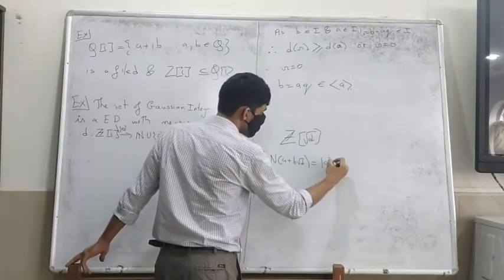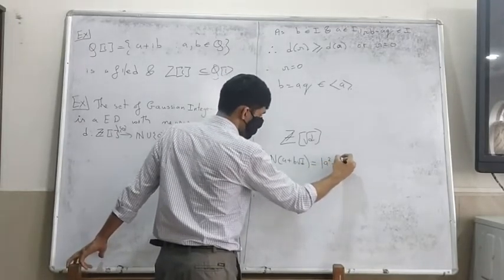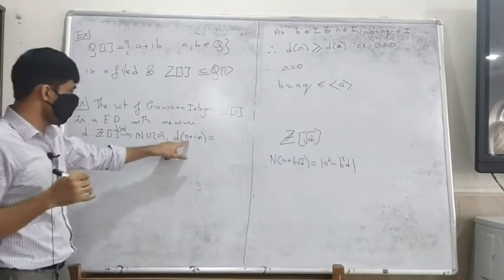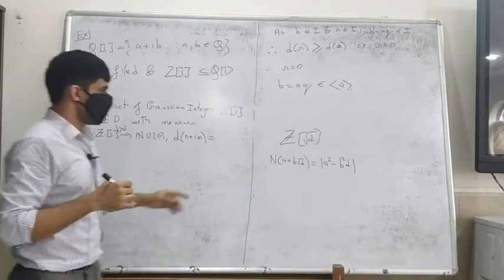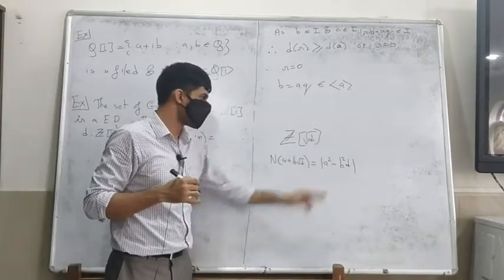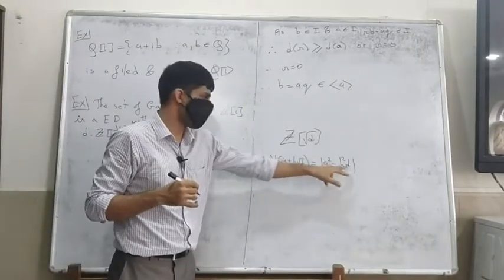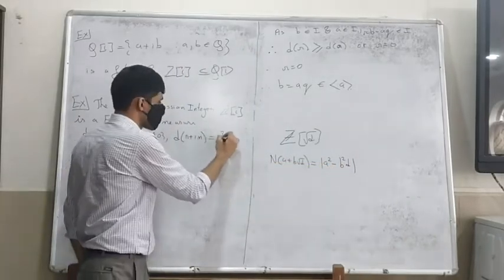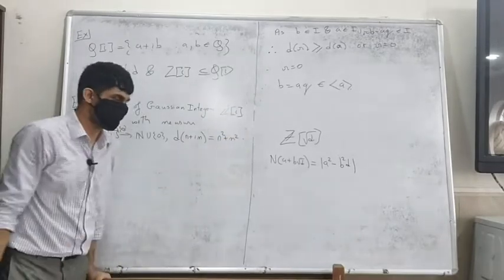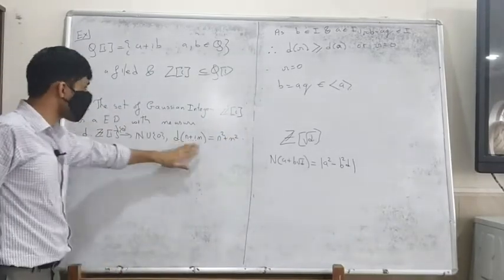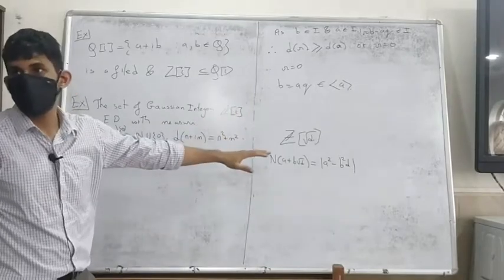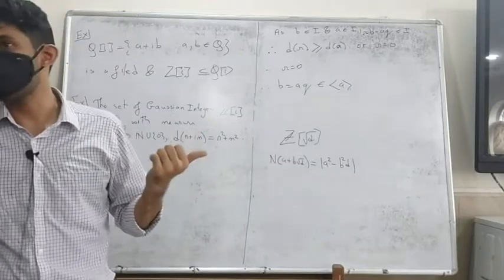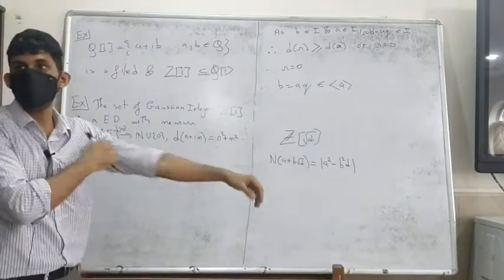The absolute value of a squared minus b squared D. So here, your D is going to be minus 1, so it will be simply a squared plus b squared, or in other words just n squared plus m squared. The absolute value is not required. This is nothing but the square of the modulus of the complex number.